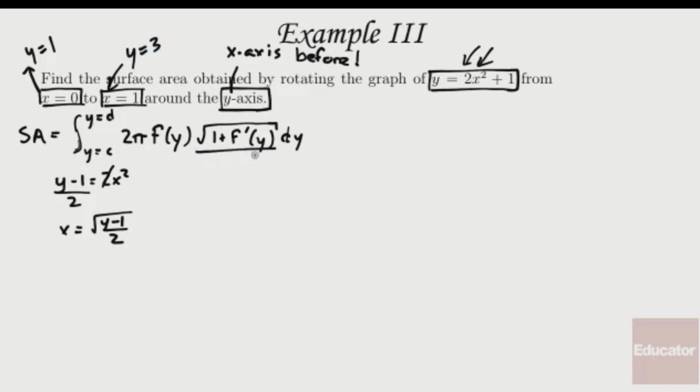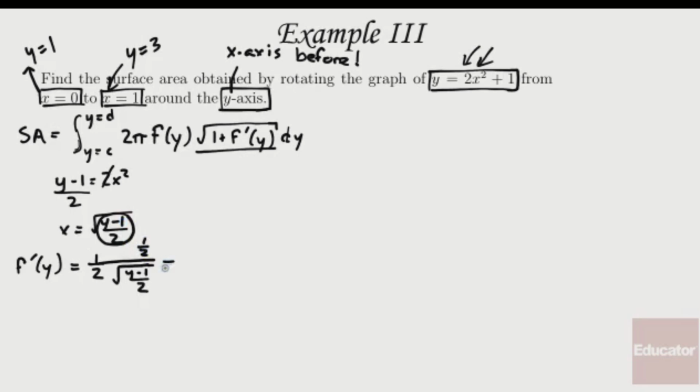Again, let's figure out what f prime of y and this square root formula turn into. So f prime of y, well, we've got a square root of something, so its derivative is 1/2, because we think of the square root as being all of that stuff to the 1/2. 1/2 times all of that stuff to the negative 1/2, so I'll write it in the denominator, y minus 1 over 2, times the derivative of that inside stuff by the chain rule, and the derivative of y minus 1 over 2 is 1/2.